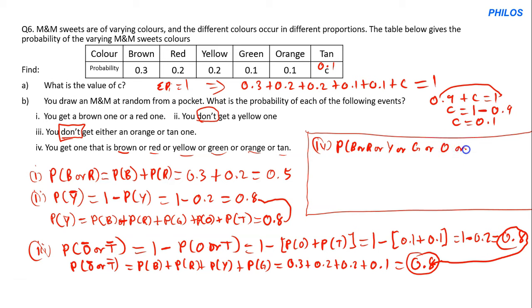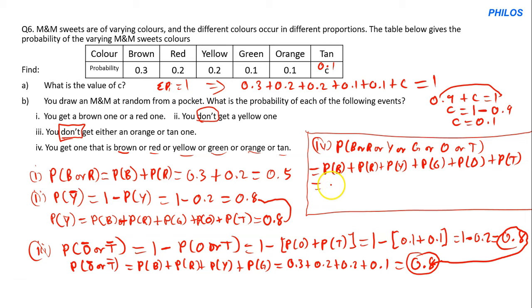But to clear doubt, the probability of getting a brown or red or yellow or green or orange or tan should be equal to the probability of brown plus the probability of red plus the probability of yellow plus the probability of green plus the probability of orange plus the probability of the tan one.